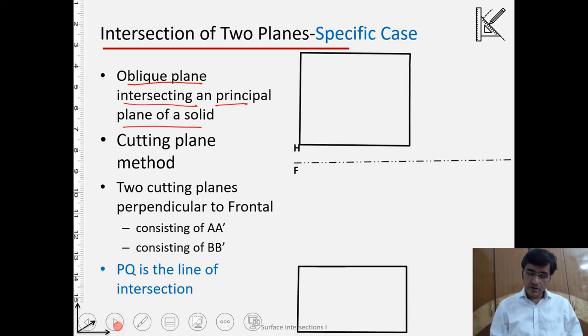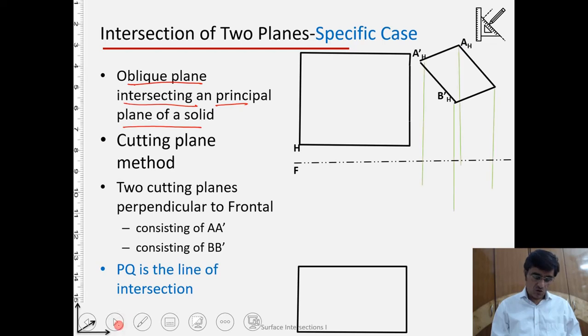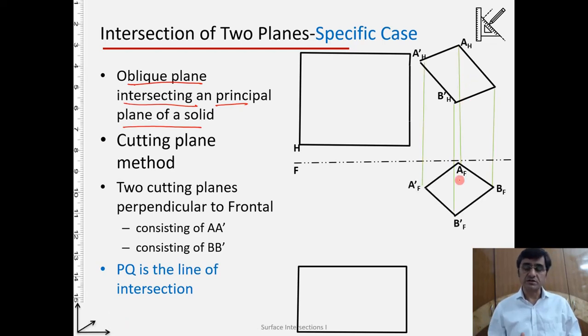So if I draw the projections, over here you can see the horizontal and the frontal projection of the given solid, and this is the oblique plane, its horizontal and frontal projection, and it is intersecting one of the principal planes. Okay, one of the principal planes.